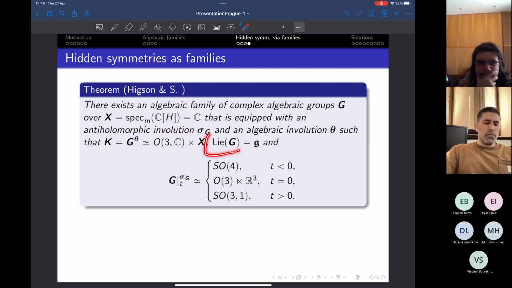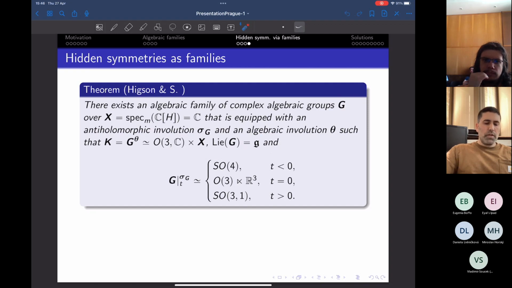And for families of groups, the ones that we are working with, there is a good notion of a Lie algebra. The Lie algebra of this family of groups in the theorem is exactly the family of Lie algebras that we encountered a few minutes ago.